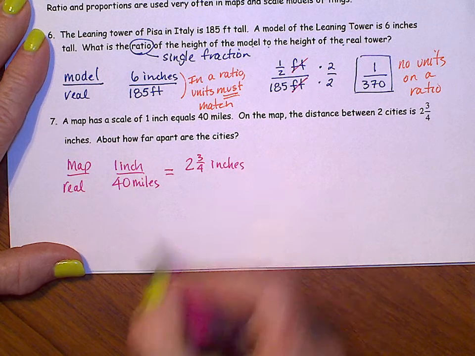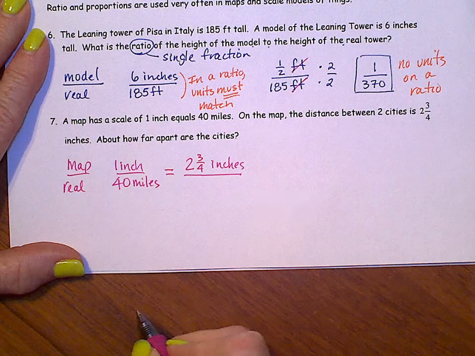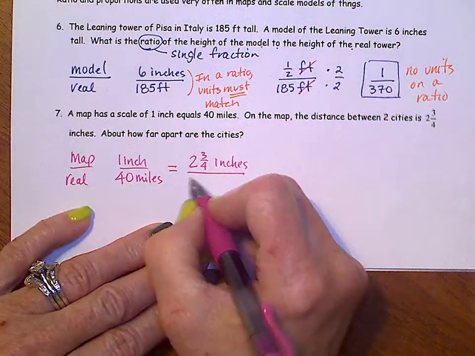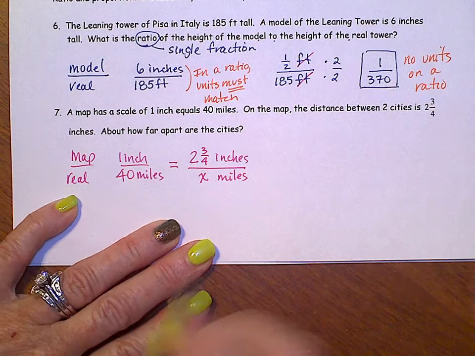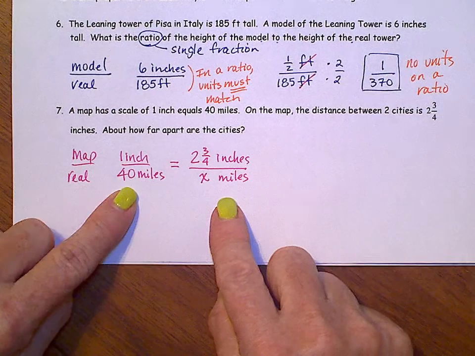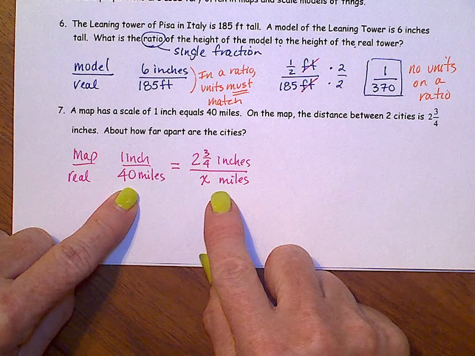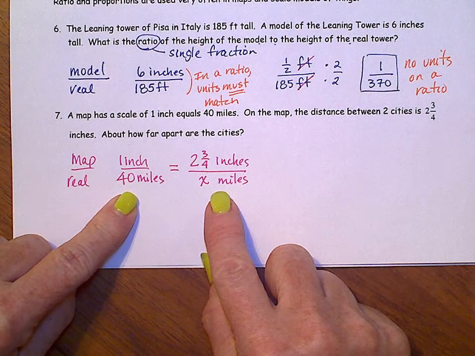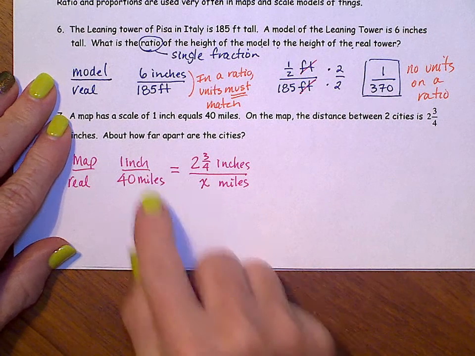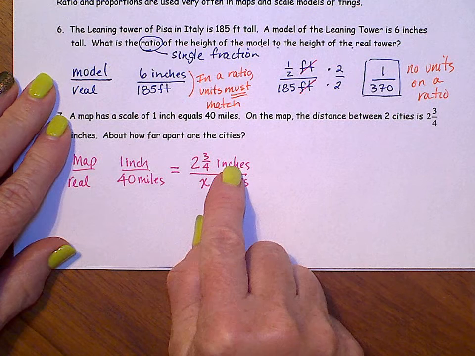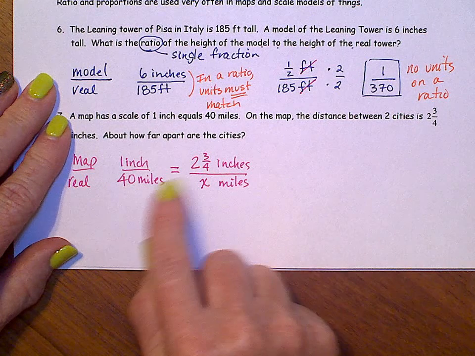And we want to find out the number of miles, x miles. So again, units don't have to be exactly the same in a proportion. This equation is a proportion, but they do have to match up. So inches to inches, miles to miles.